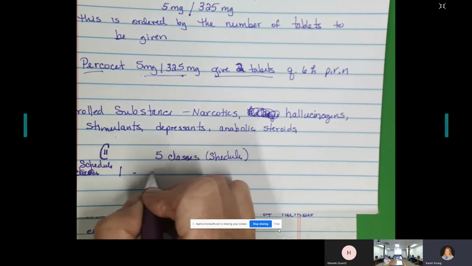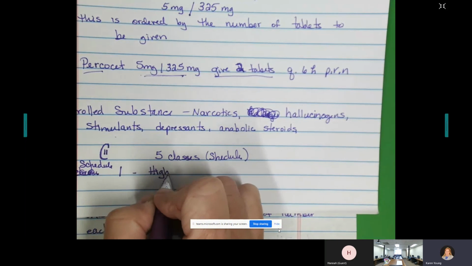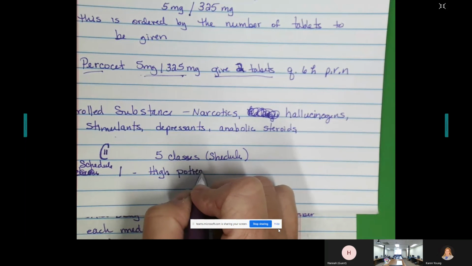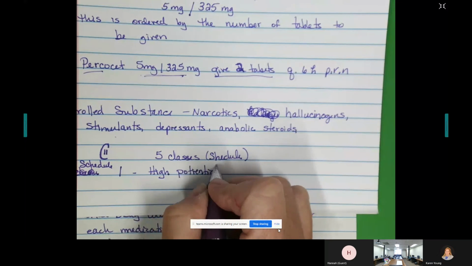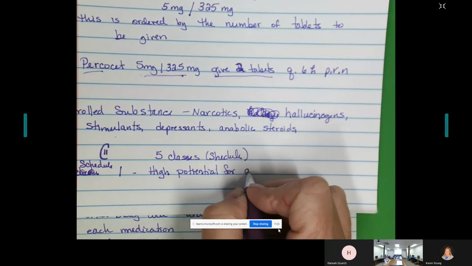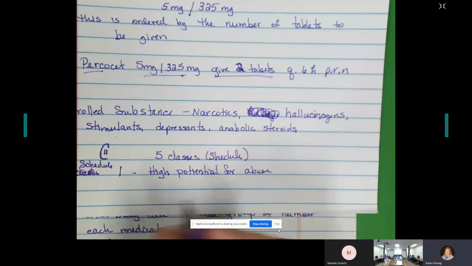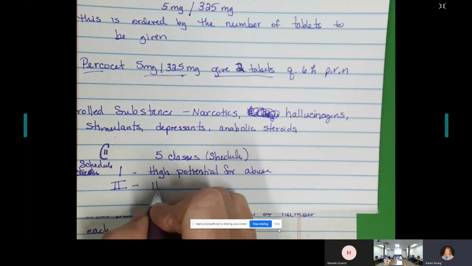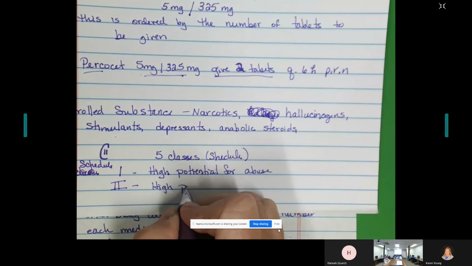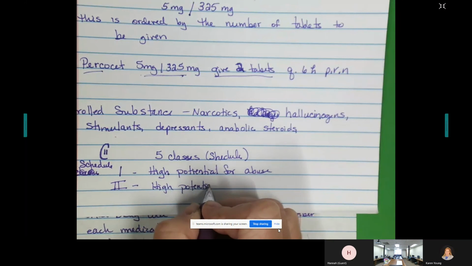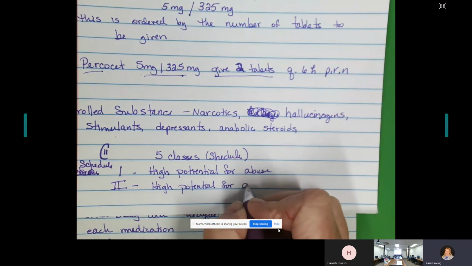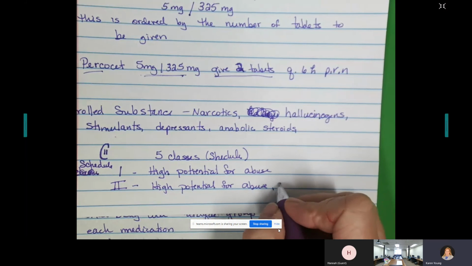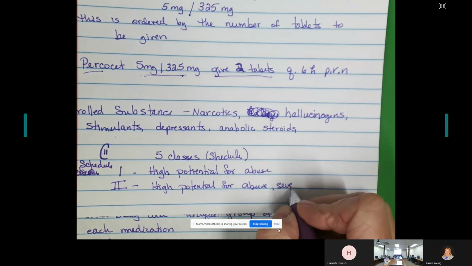A schedule 1 has a high potential for abuse, and it's unsafe. A schedule 2 is, again, the high potential for abuse, and there's a severe dependent risk.